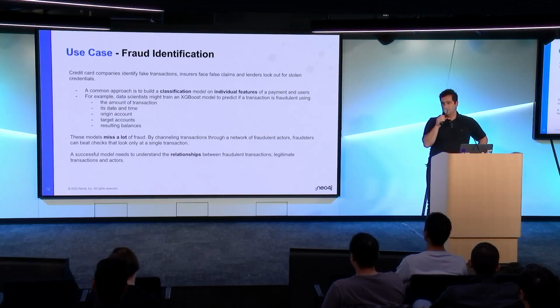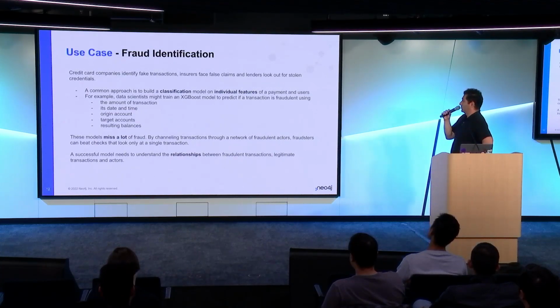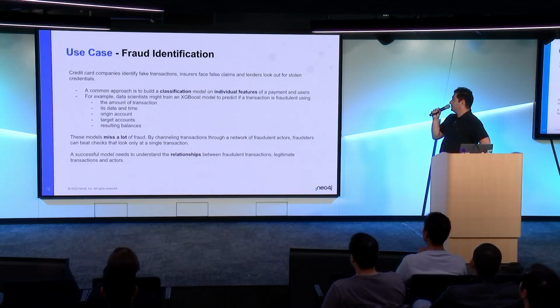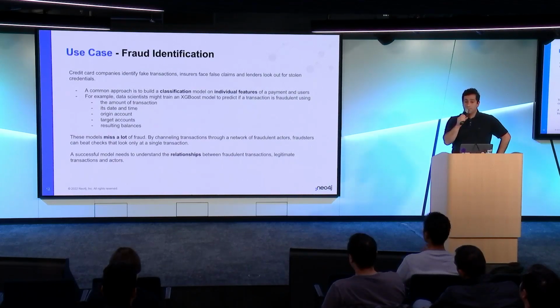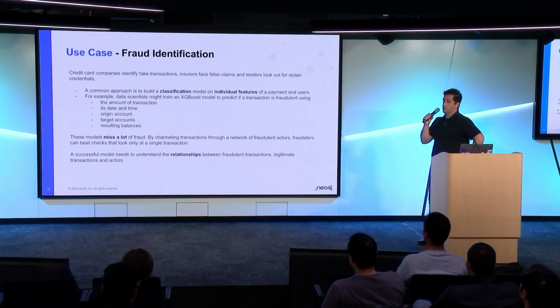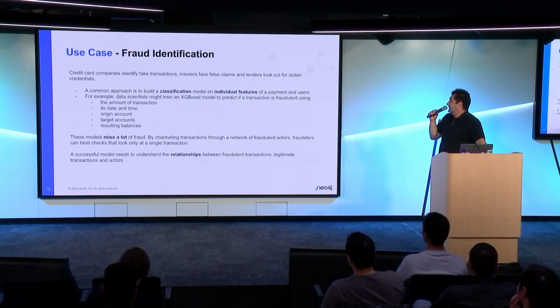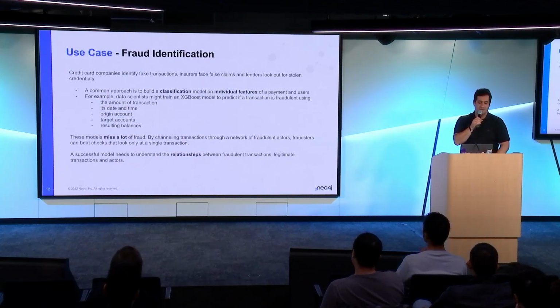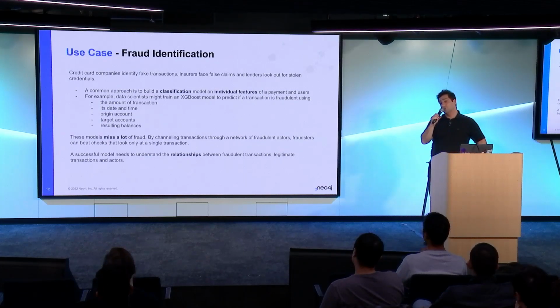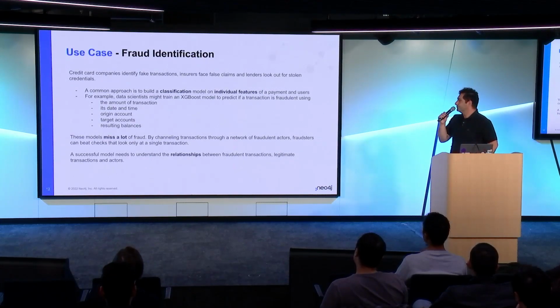I believe if a data scientist wants to build such a model, they are going to look at the individual features based on the payment or users, or different types of attributes, and build a classifier: XGBoost, decision trees, random forest, neural net, any type of model, based on features like amount of transactions, date, origin, destination, target, and result of the transactions.